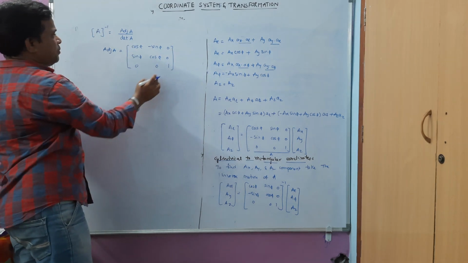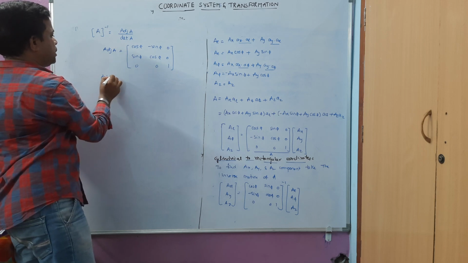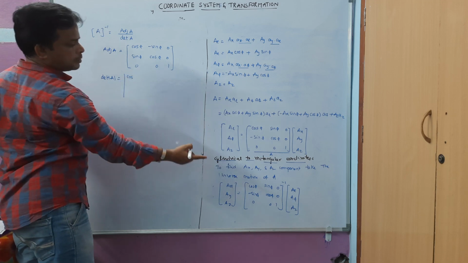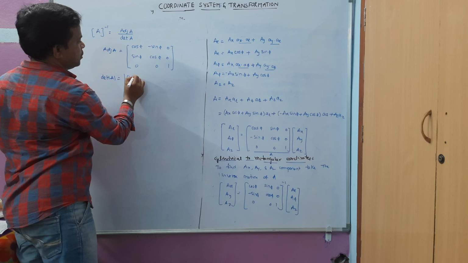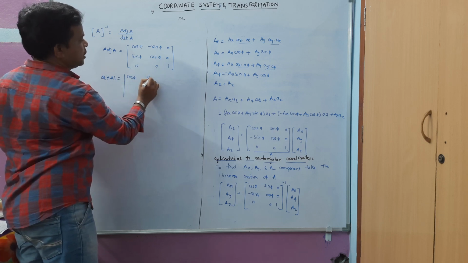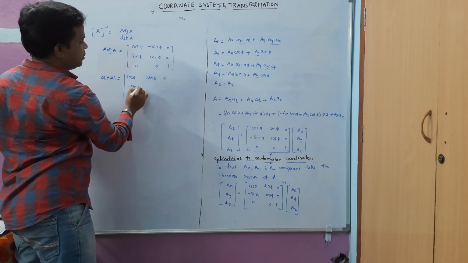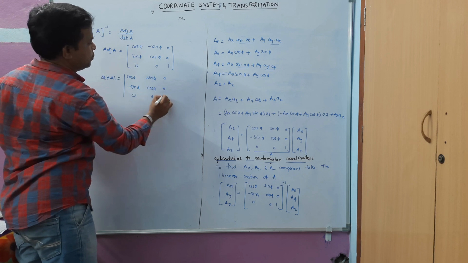Sin phi, cos phi, 0 and 0, 0, 1. So determinant will be, we are going to perform this one, determinant of A, that is cos phi, sin phi, 0; minus sin phi, cos phi, 0; 0, 0, 1.